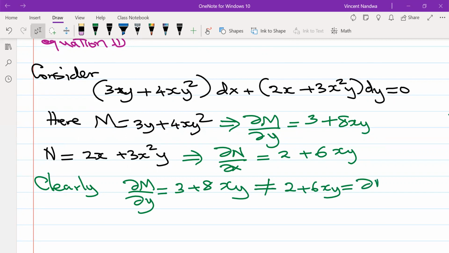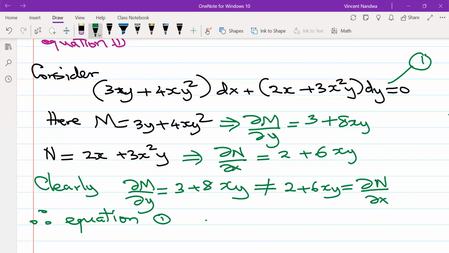So if I call this equation 1, this means that equation 1 is not exact. The given differential equation in that form is not exact.